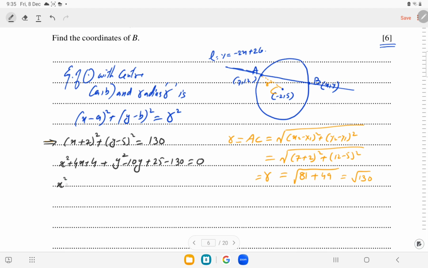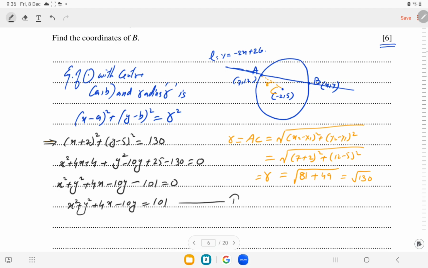So the standard form becomes x square plus y square plus 4x minus 10y minus, let's check the calculation, 130 minus 29 gives you 101, equal to 0. We will get x square plus y square plus 4x minus 10y equal to 101. This is the equation of the circle.